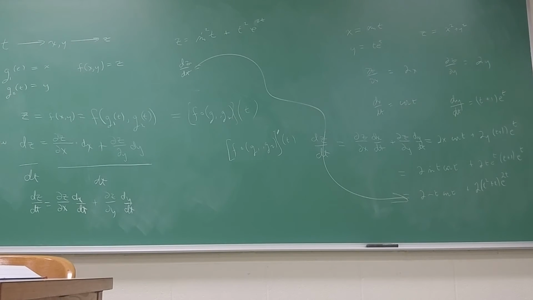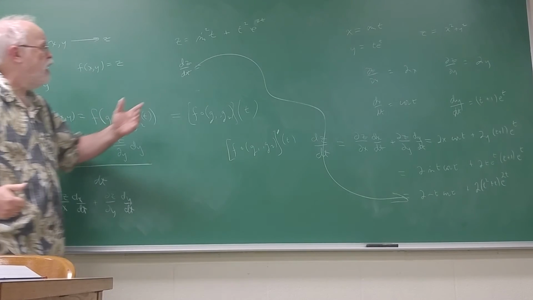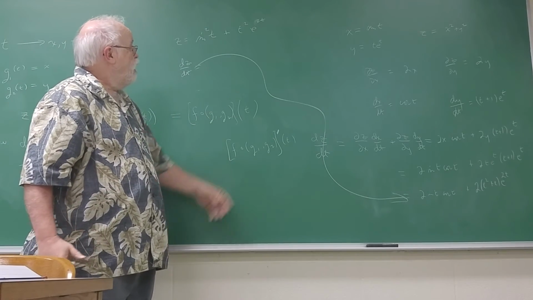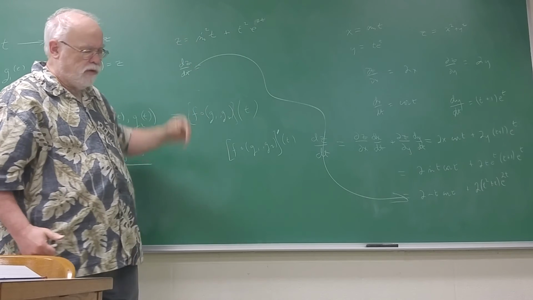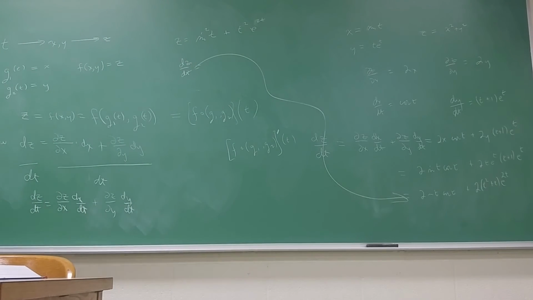Now, what good is the chain rule if it's easier to just go ahead and plug that in and do a little product rule there, and a little power rule there? Why did we go to all this trouble?